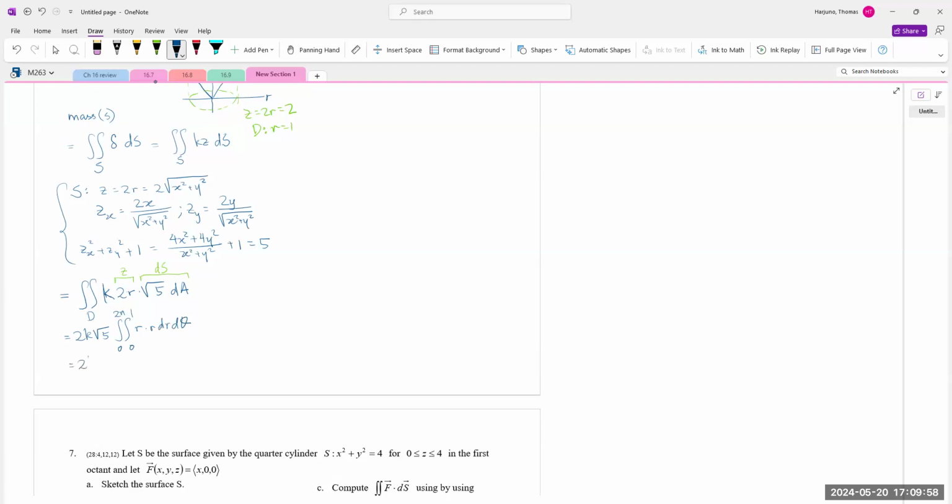So that's 2k square root of 5 times 2 pi times 1/3. I'm sorry, that is 4 square root of 5 pi k over 3. That's the mass.